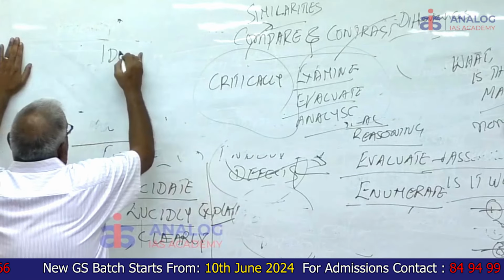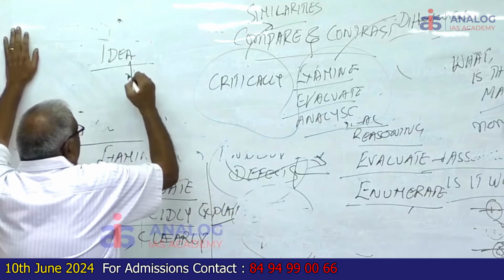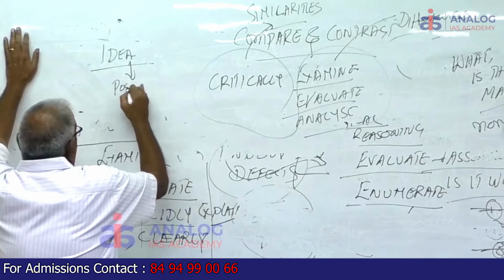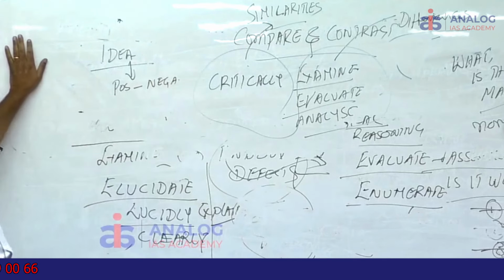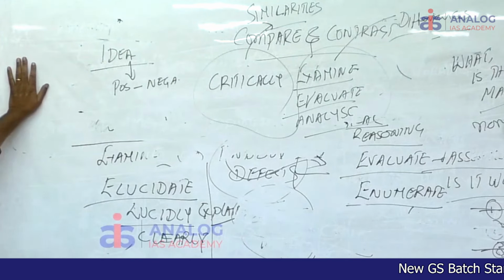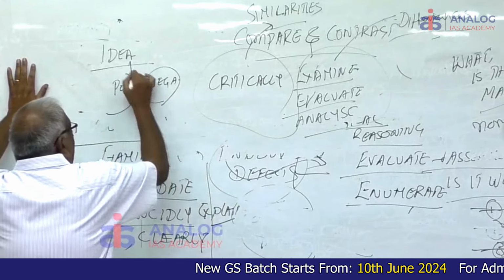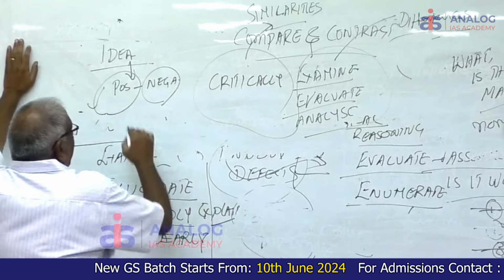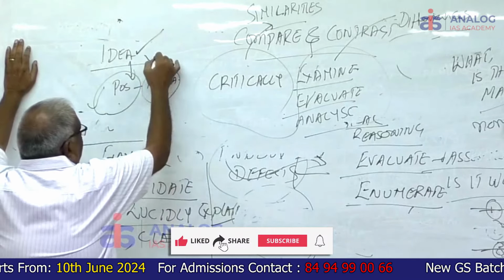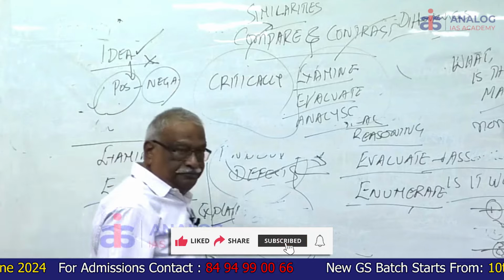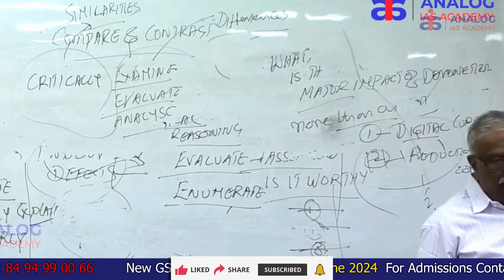First, take the idea. Explain the idea. Then on this idea, there are different opinions, positive opinions and negative opinions. Both are there. Then you may go on negative opinions or you may go on positive opinions. If you accept positive opinions, this idea is validated. If you go negatively, this idea is invalid. That is what is critically examine, critically analyze.